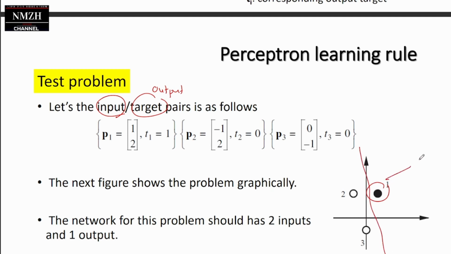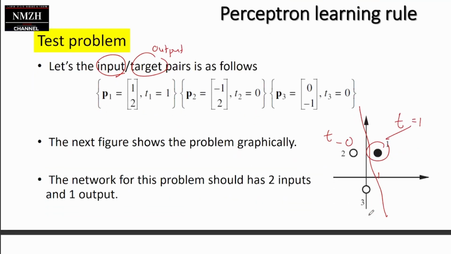So this one is class 1, A equals 1, and this one is A equals 0. But for this round, because we still haven't done that, we don't call it A, we call it T again. So because the T for the first is supposed to be 1 in the data, the minus 1 2 is supposed to be 0, and 0 1 is supposed to be 0 2.